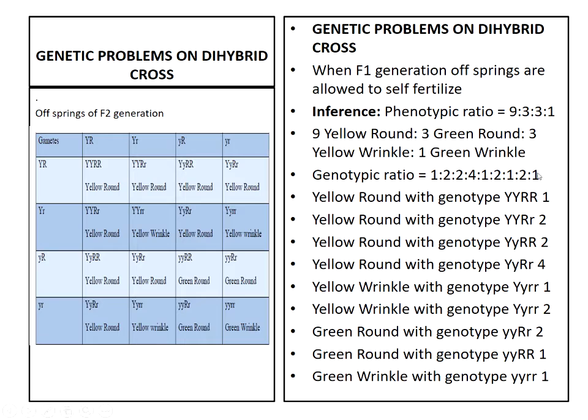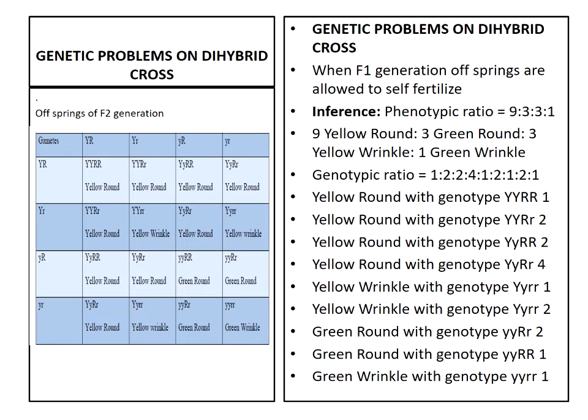Here it is 1 and here it is 2. Green round with genotype small y, capital R, capital R. That is 1. Here it is. And next, green wrinkle with genotype small y, and small r. It is also 1 in number.